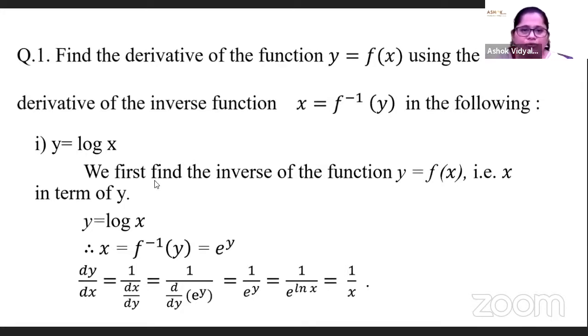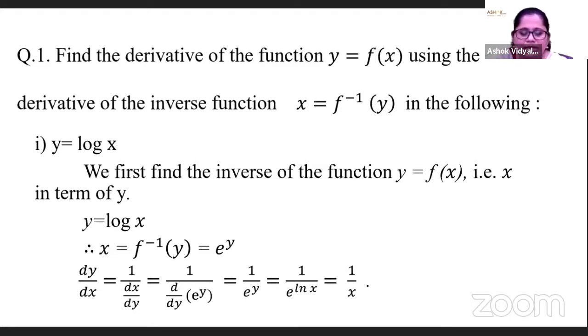We first have to find the inverse of this function. The function y is f of x, that means we write x in terms of y, as y is equal to log of x. To find the inverse function of y, how is it?